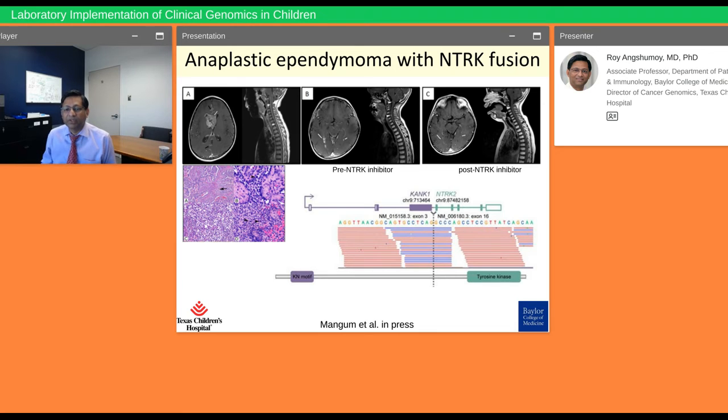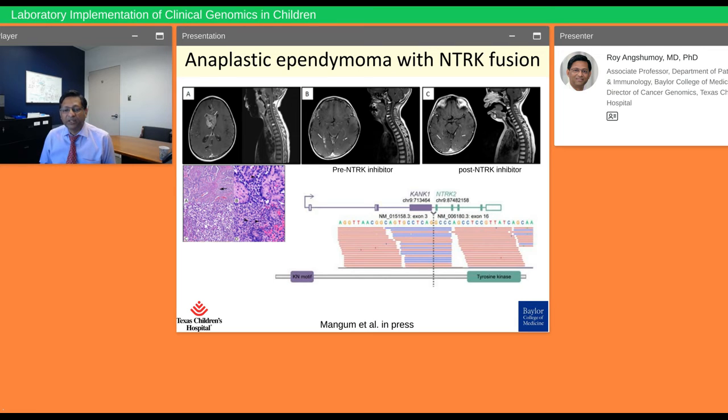So here in this case, what you can see is a tumor. In panel B up top, in this radiologic image, there are some white arrows pointing to where the tumor is before the use of NTRK inhibitor. And in panel C, you can see those same white arrows showing essentially dissolution of those white areas that are the tumor foci.